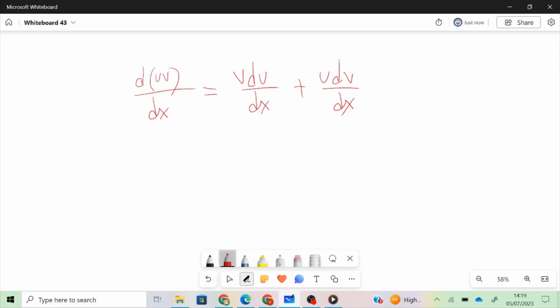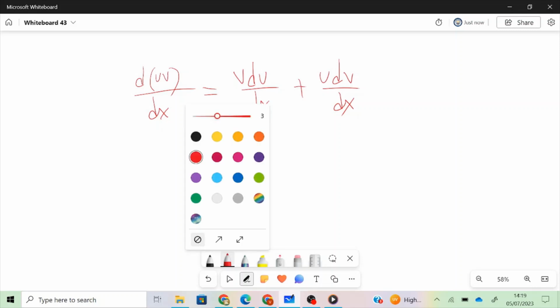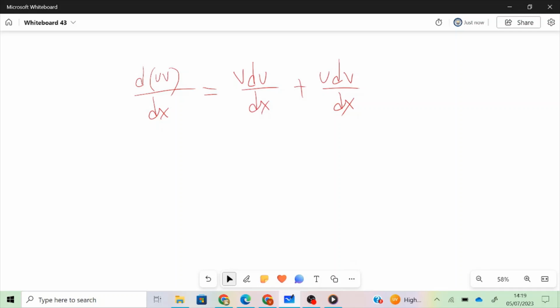When differentiating, the product rule says d(uv)/dx is equal to v du/dx plus u dv/dx. Now when you look at this at first, it may seem a bit complicated, but let me break it down for you.